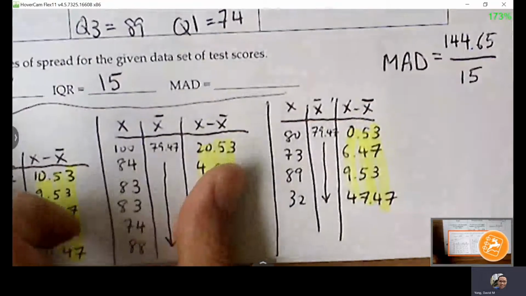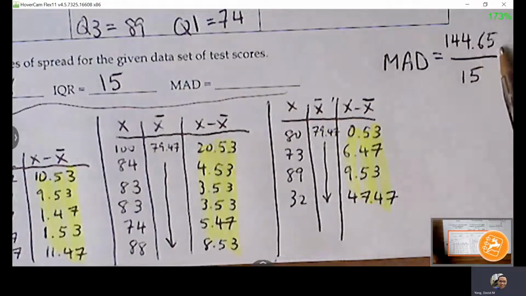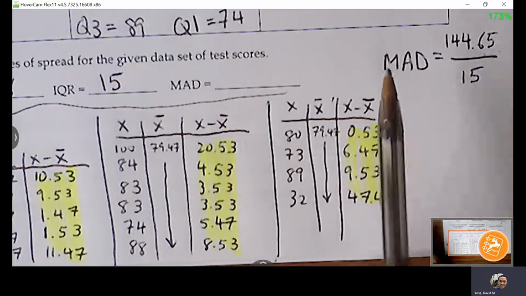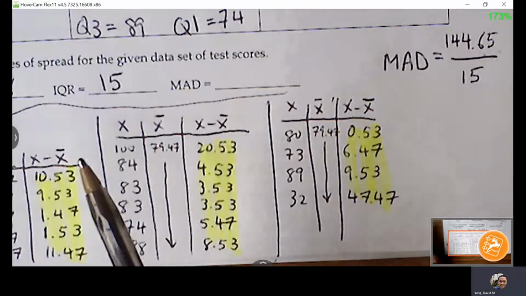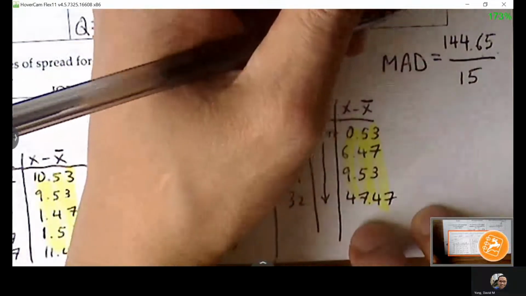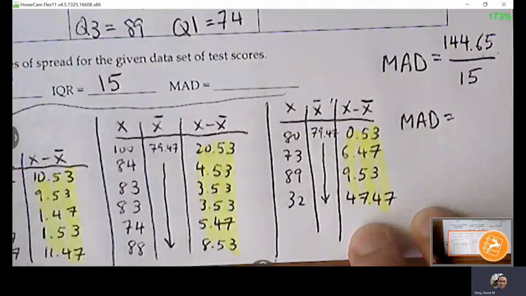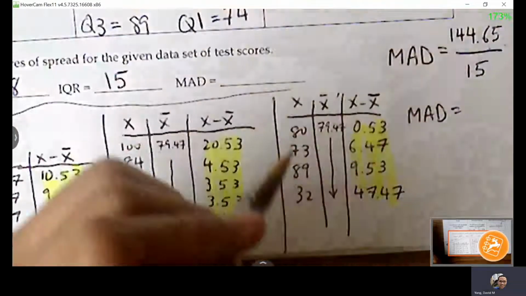All these numbers added together give us 144.65, and we're going to find the average of the spread between all our test scores. So the mean absolute deviation is 9.64.